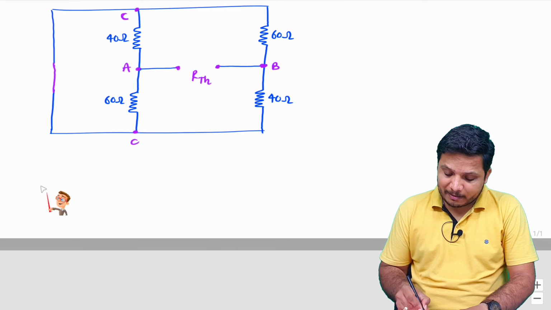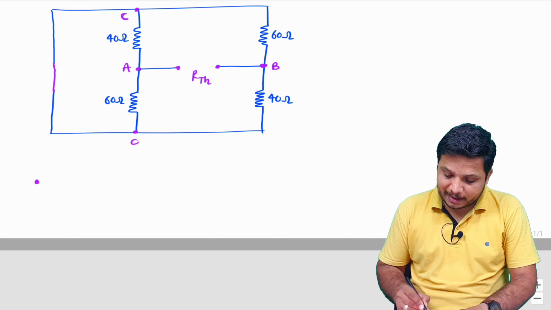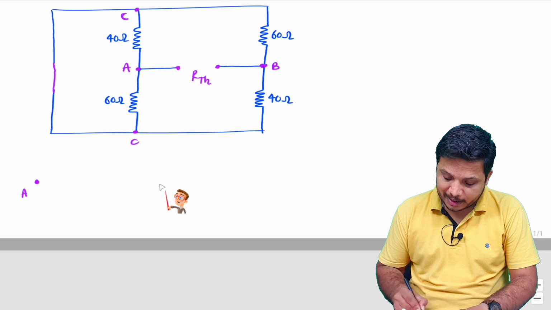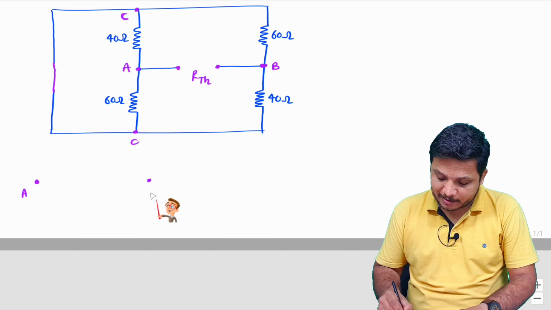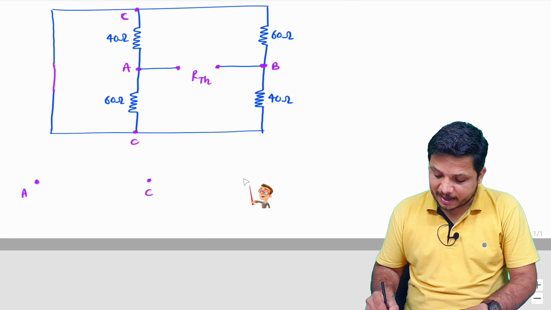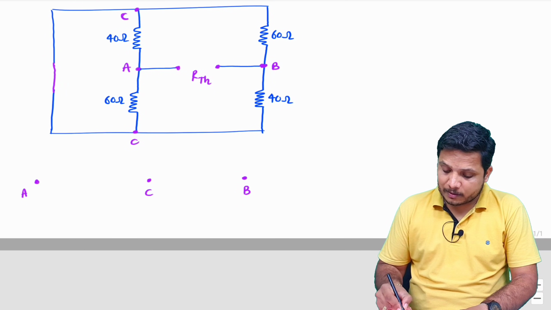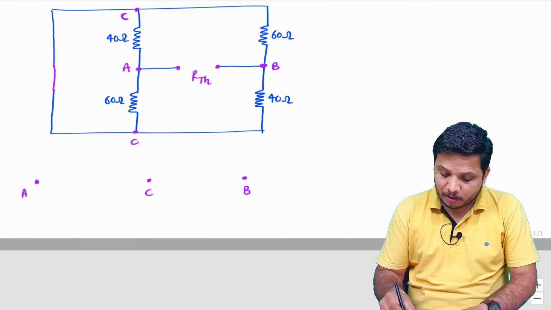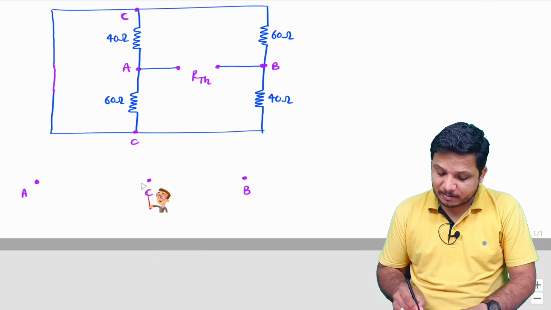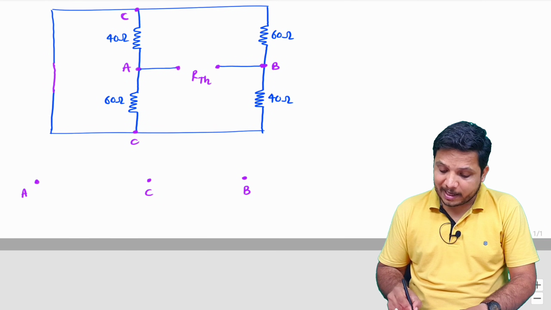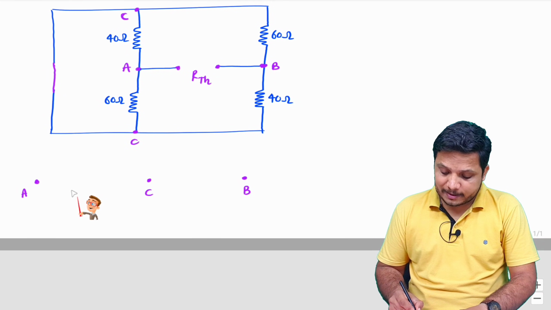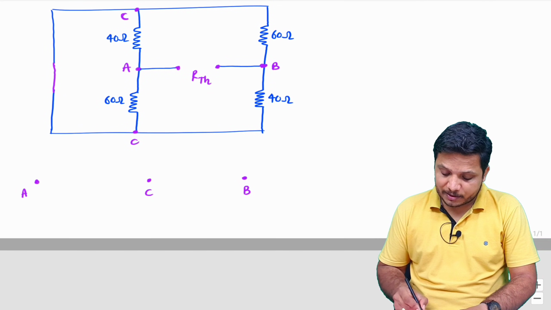Now let me redraw the connections. Let us say this is terminal A, here we have terminal C, and this is terminal B over here. I'll connect all these elements between the terminals to redraw this circuit so that we can easily identify the resistance, which is RTH.